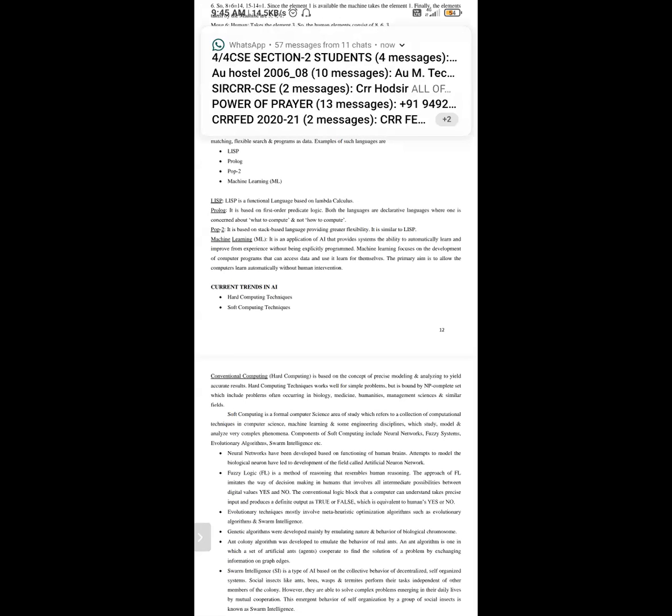Next one, POP. It is a stack-based language that provides greater flexibility. Next, machine learning. It is an application of AI that provides systems the ability to automatically learn and improve from experience without being explicitly programmed.